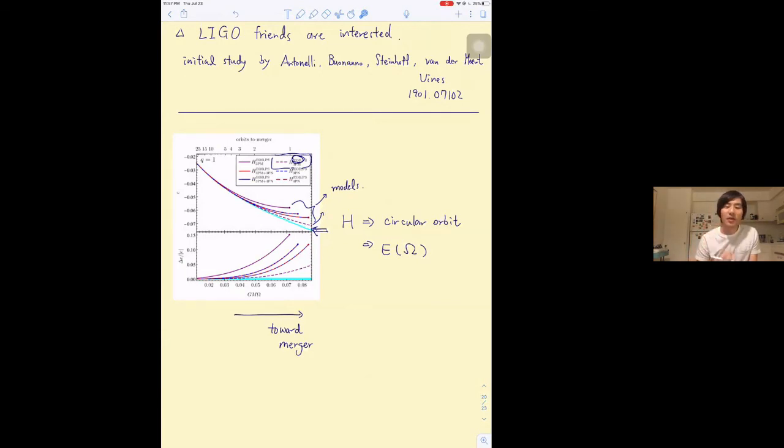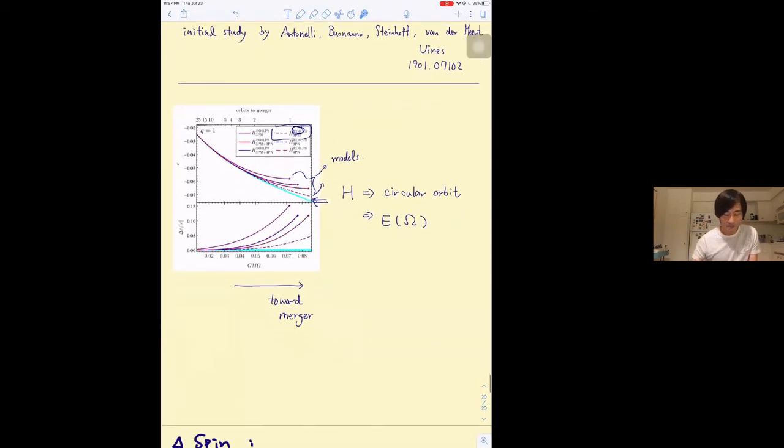There's no real quadrupole radiation combined with this one. So as far as I can tell, there are a lot of moving parts in what the actual conclusion is. So I would say it's at least not conclusive yet. Okay. All right. Thanks.